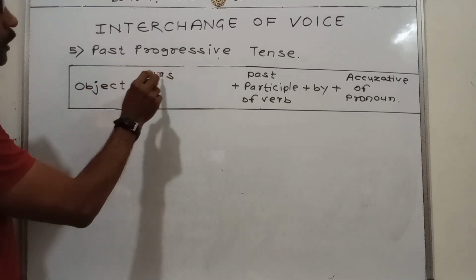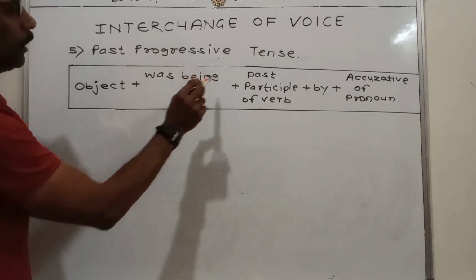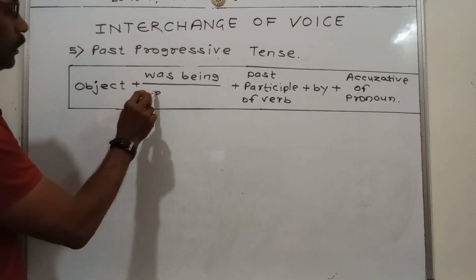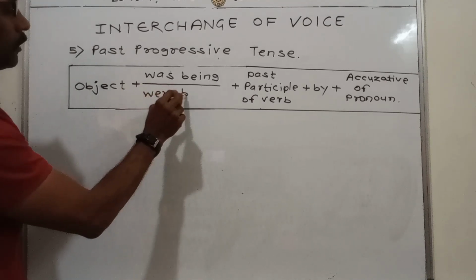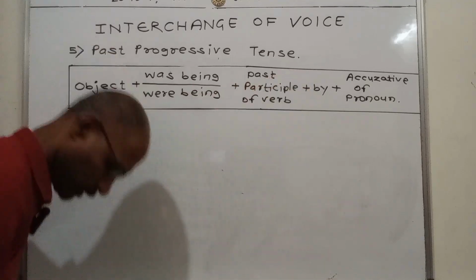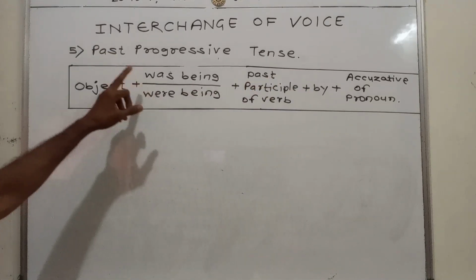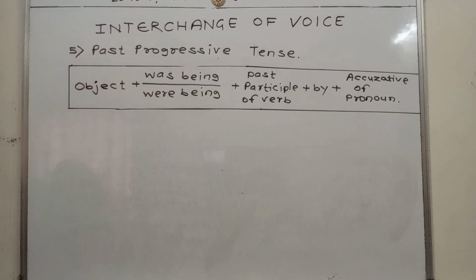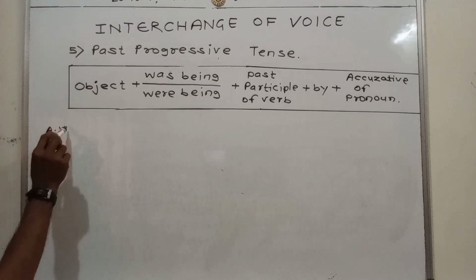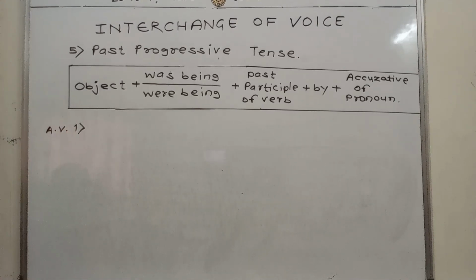Object singular, then was being, and plural were being. Remaining same. Every time change here according to tense. See here active voice. Example number first.